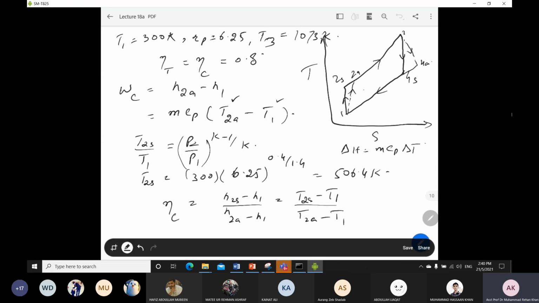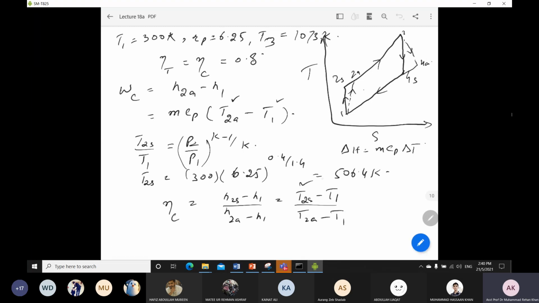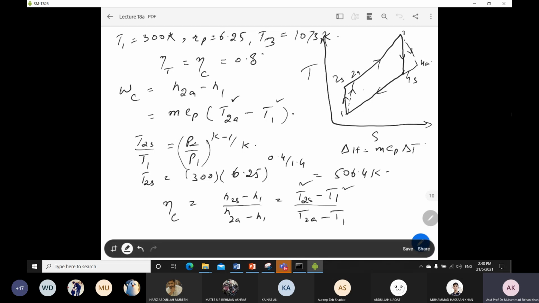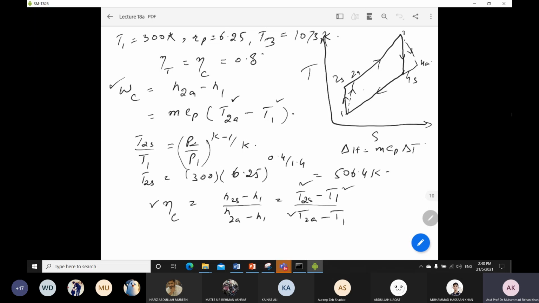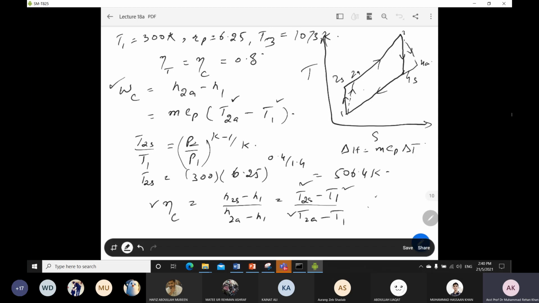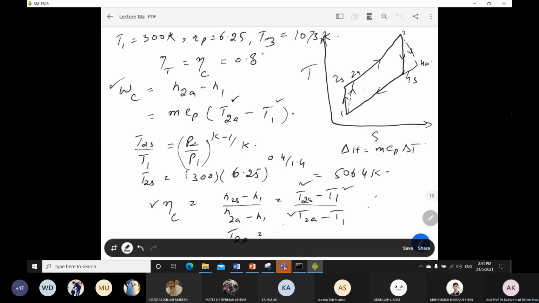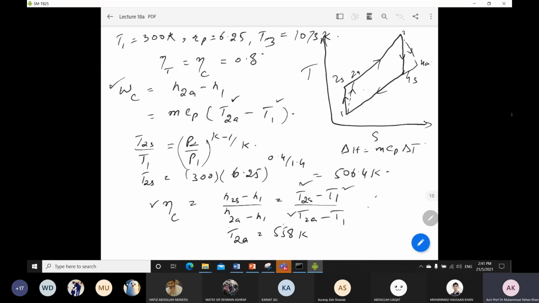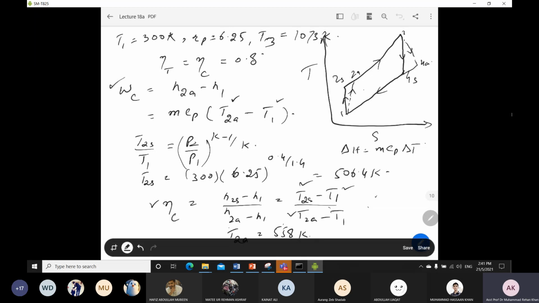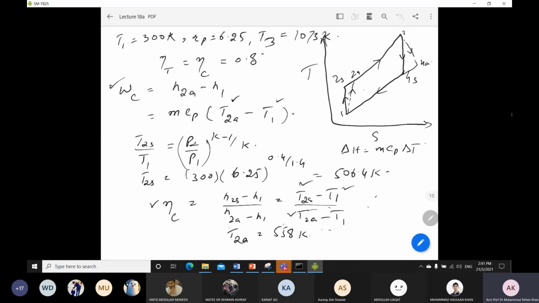Now T2s and T1 are known, and our main interest is to find T2a, because we have to put it in the compressor work equation. Simply plug all the values into this equation and you will get T2a, which turns out to be 558 Kelvin. You have to solve this by yourself, because you just have to plug the values in.